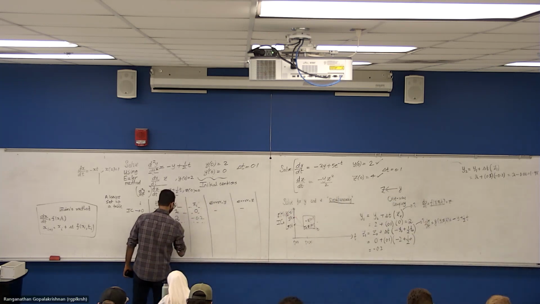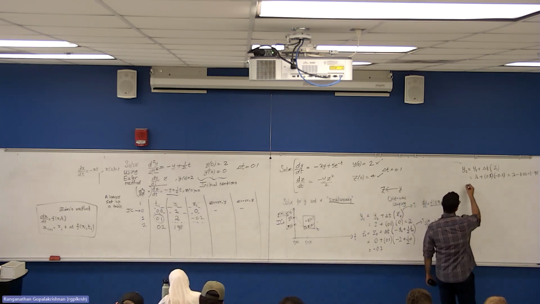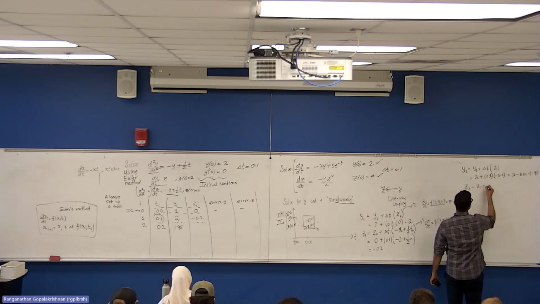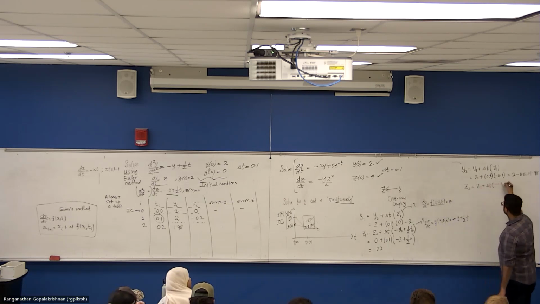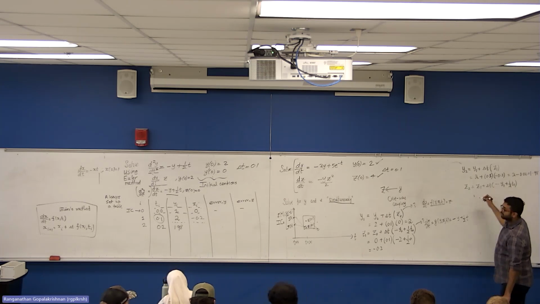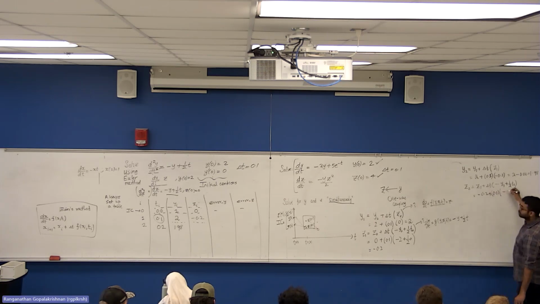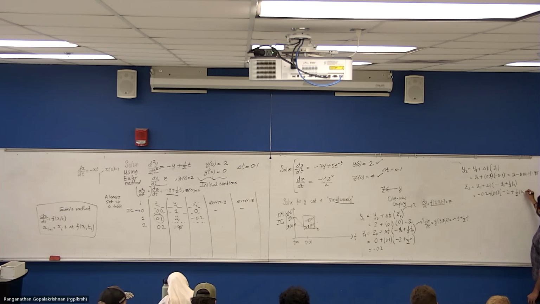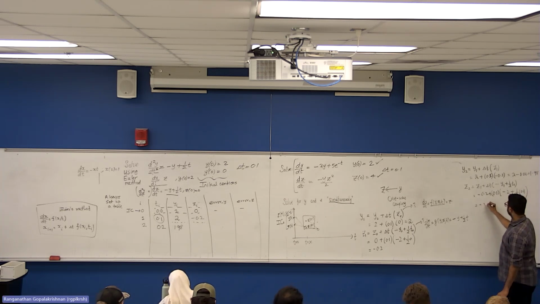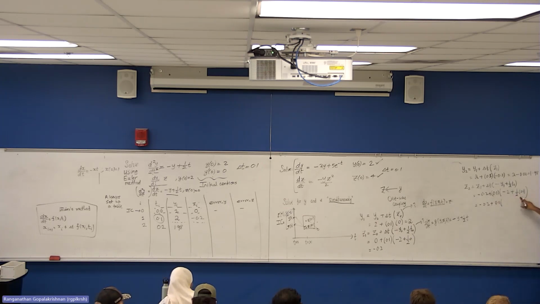And then z2 is z1 plus delta t times minus y1 plus half t1, z1 being minus 0.2 plus delta t is 0.1 times minus 2 plus half t1, which is 0.1. So this is minus 0.2 plus 0.1 times minus 1.95.